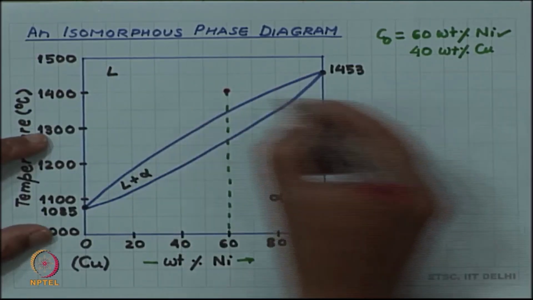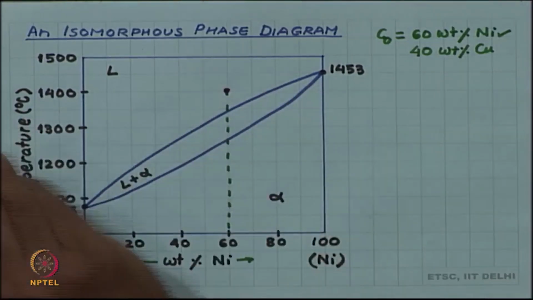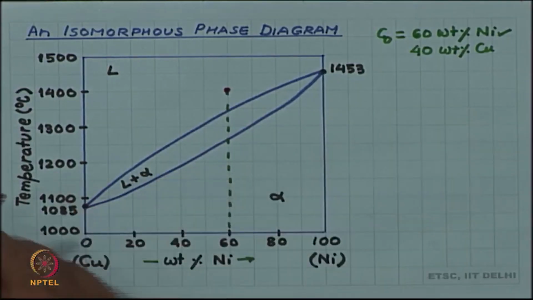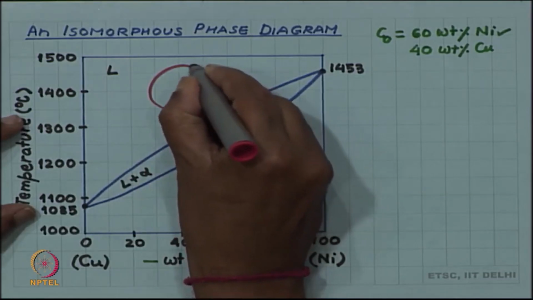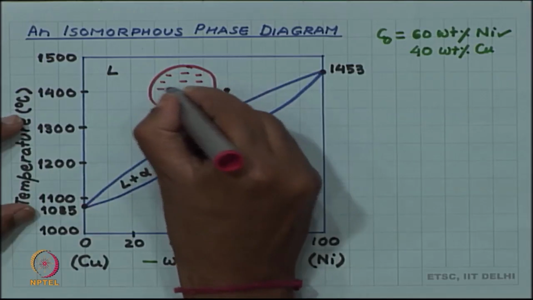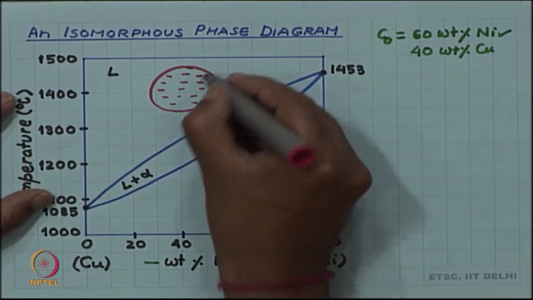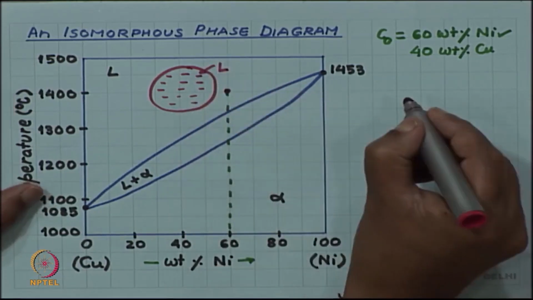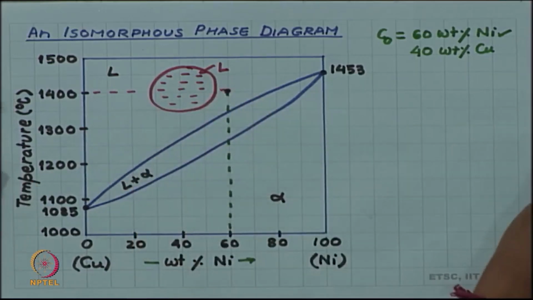If I draw the diagram of what you will see in a sample, all you will see is a liquid. So, the entire alloy is a liquid phase at this temperature of 1400 degrees Celsius.